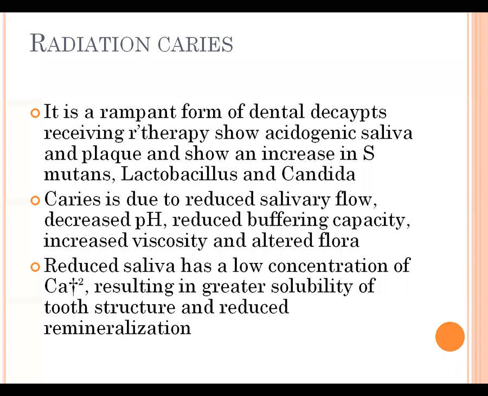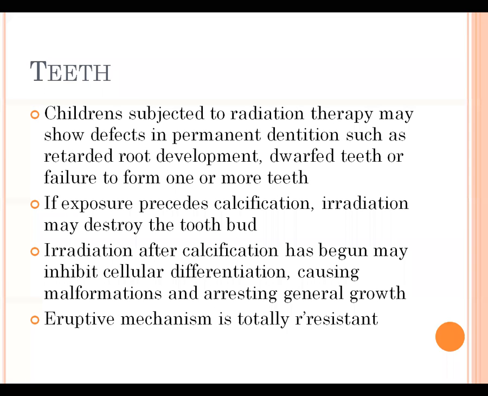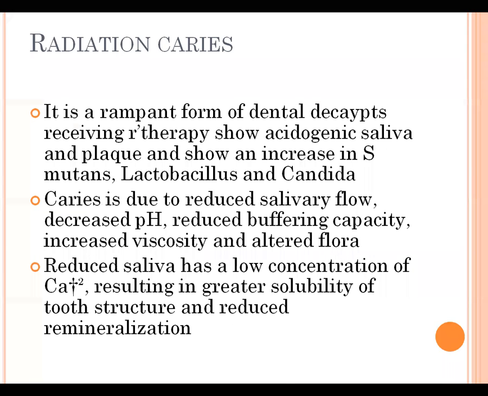After calcification, you will notice retarded tooth development, failure in the tooth formation, and there will be radiation caries. Radiation caries is a 2 mark question, or it can be asked as a short note or 4 mark question. Radiation caries.